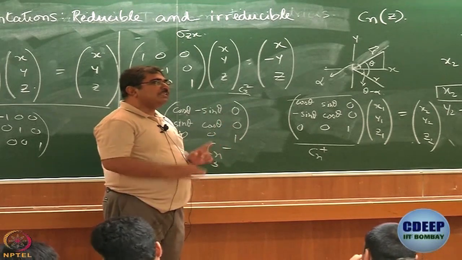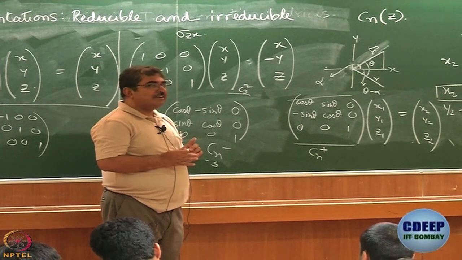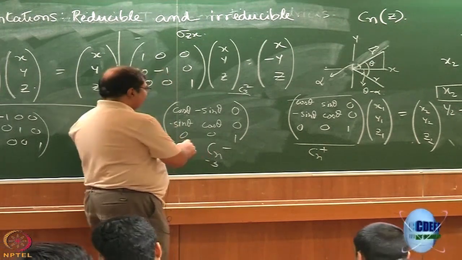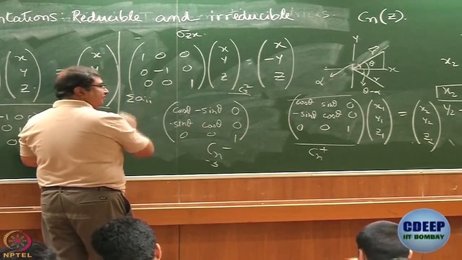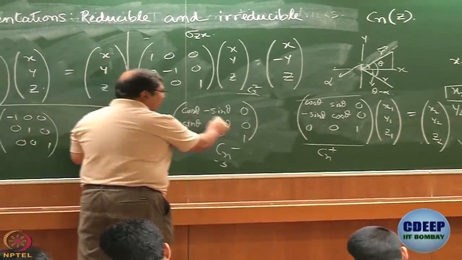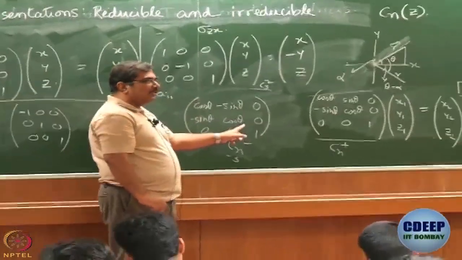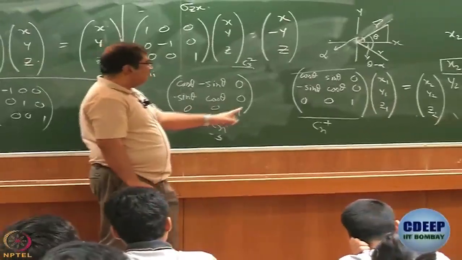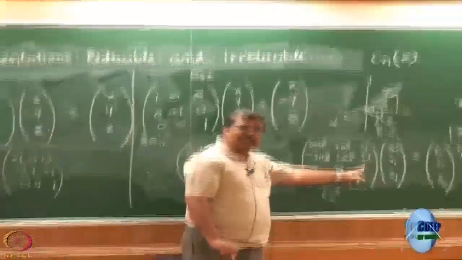Do you know what is the character of a matrix? Trace. It is the sum over a_ii; you add the diagonal elements. What is the sum here? 2 cos theta plus 1. What is the diagonal here? Again 2 cos theta plus 1.